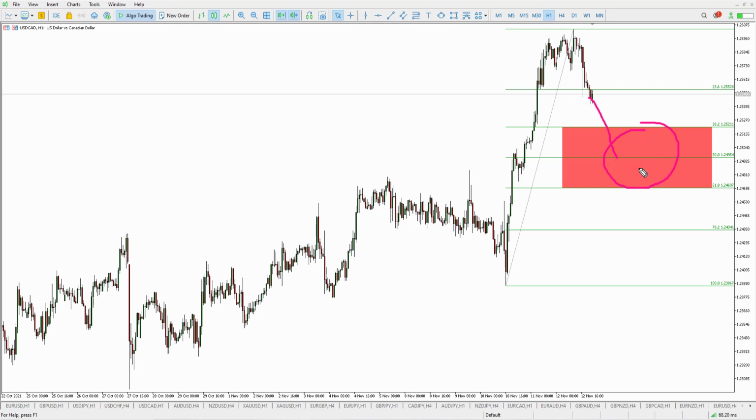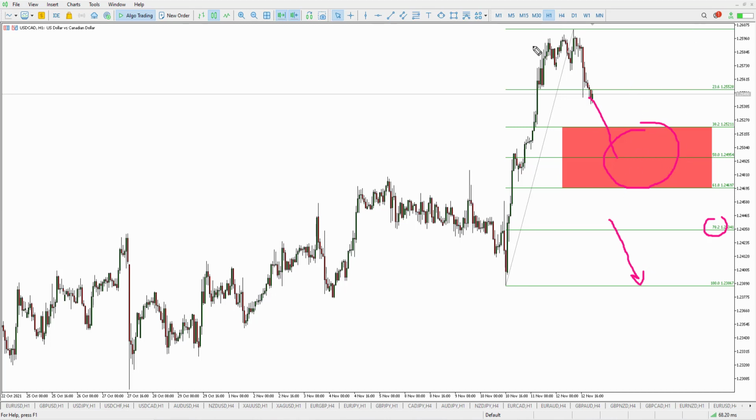Okay, and since those are the most important retracement levels, that's where we want to look for entries from now on. But of course you've also got the 78.2% retracement level, which is really the maximum pullback that you could expect from a certain move, because if price breaks below this level as well and continues lower, coming back to the previous lows right here, that will probably indicate that the market doesn't have enough strength to actually continue higher.